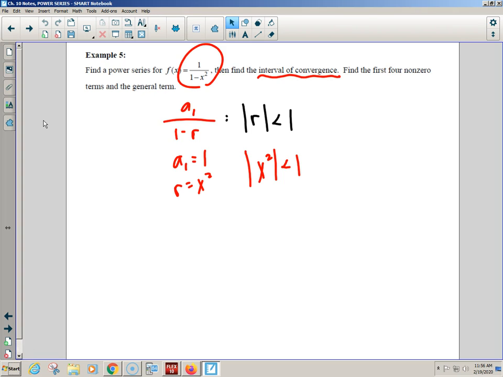It's not x, it's x squared. If interval of convergence comes from setting the common ratio less than 1, where does this lead me? Does that make sense?